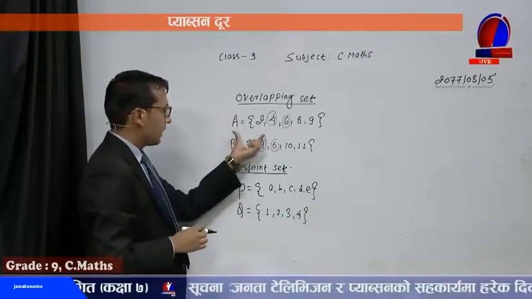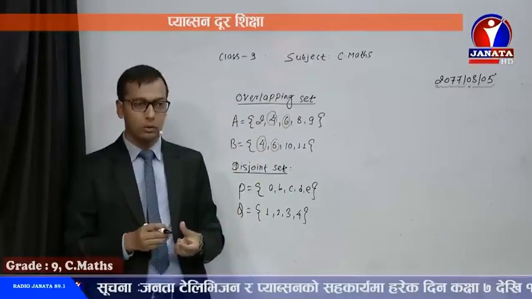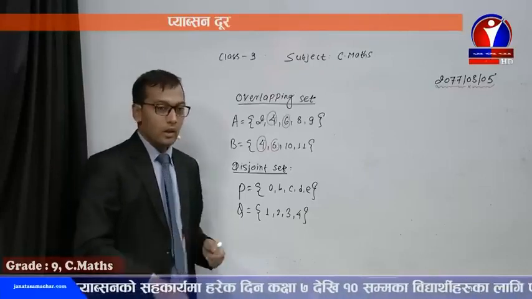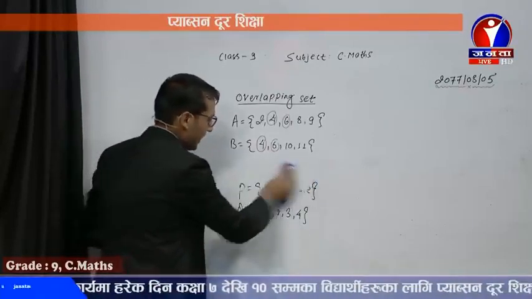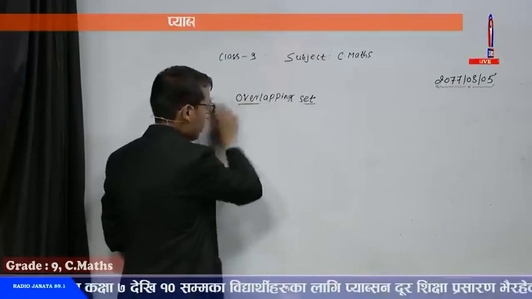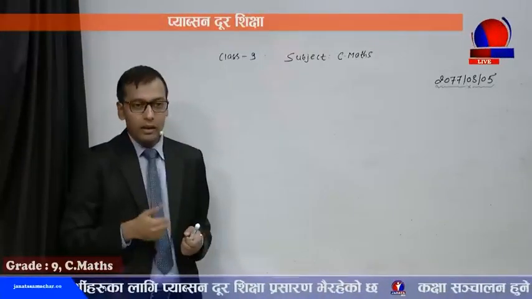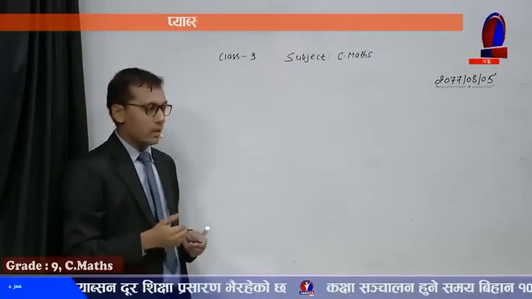After completion of this, now let me again tell you what is the cardinal number, or what is the cardinality of a set. Though I already discussed this, let me explain it again.